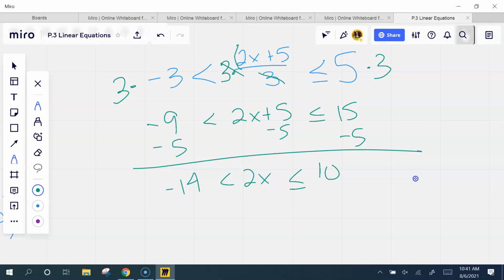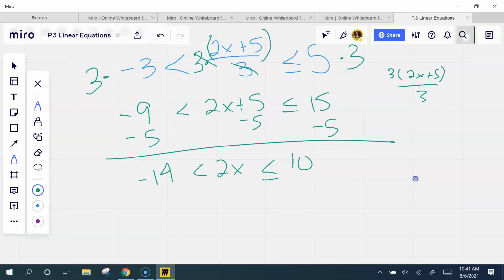Well, you could have, but if you do 3 times 2x plus 5 over 3, if you did multiply that out, you'd end up with 6x plus 15, and all of those are divisible by 3. You'd end up with, because that was the denominator. We tried to get rid of it.